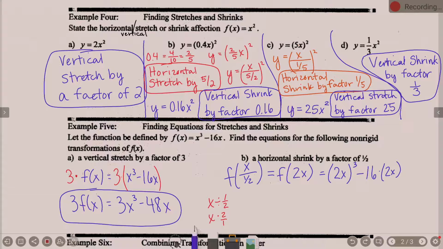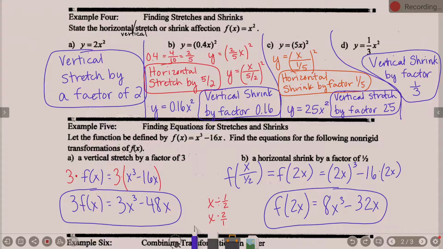And then from here, it's just doing the cleanup. What is 2x raised to the power of 3? Cubed. 8x cubed minus 16 times 2x, minus 32x.